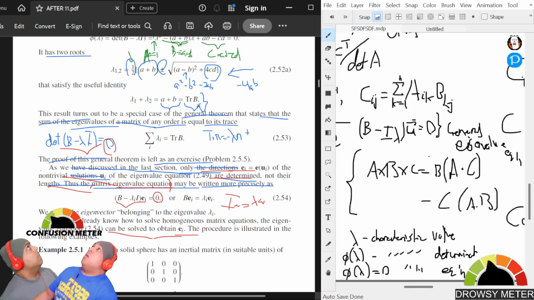Thus, the matrix eigenvalue equations may be written more precisely as (B minus lambda_i I) e_i equals 0. So we're getting even more general.